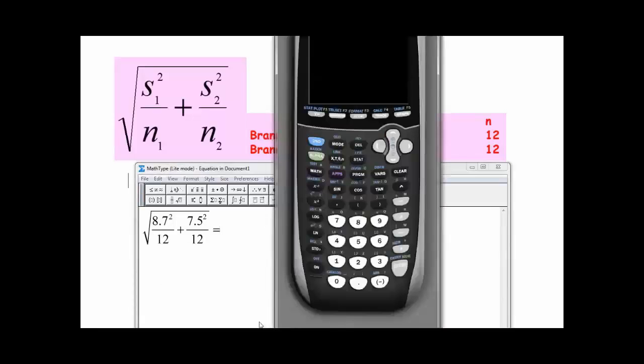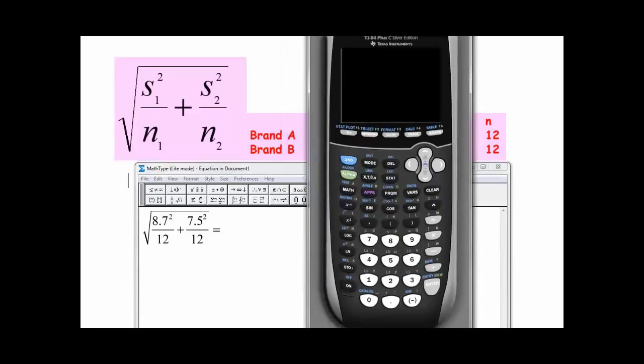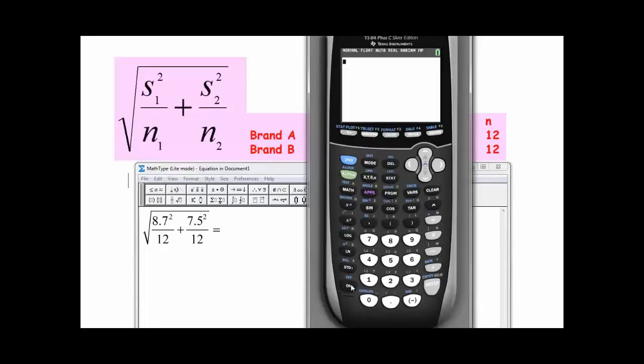Okay, so then we're going to take out our calculator and get those decimals first. So 8.7 squared, divided by 12. Then I add the other fraction, 7.5 squared, divided by 12.